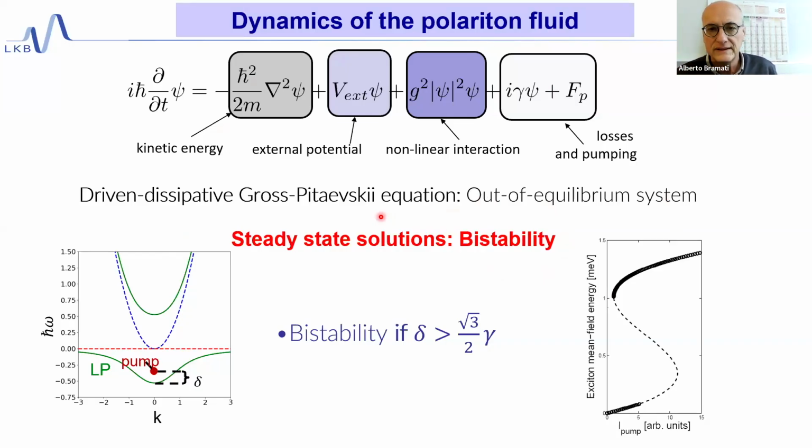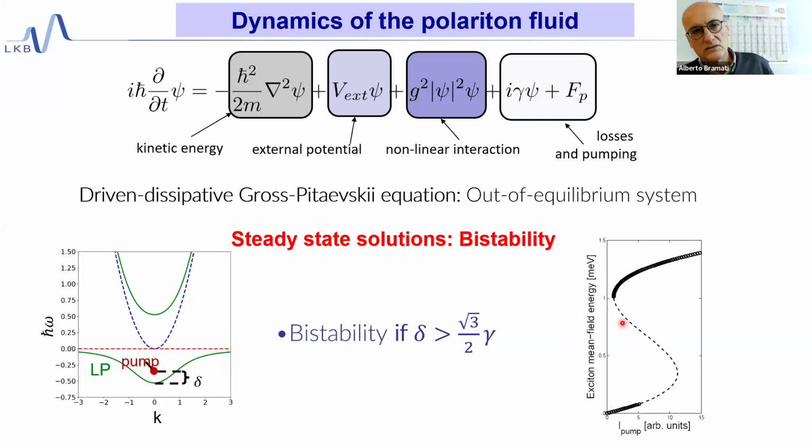It is well known that this kind of device should exhibit bistability. In particular, when the system is pumped with a pump which is slightly blue-detuned with respect to the lower polariton branch here, we can observe a typical bistability curve, present here.